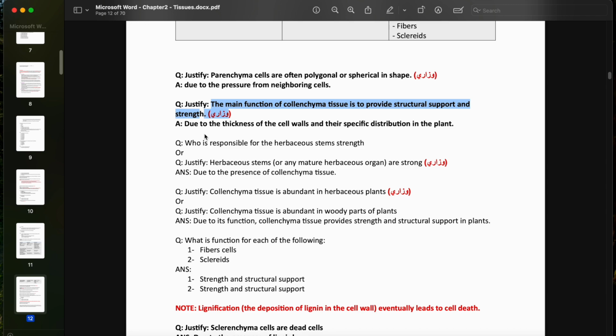Due to the thickness of the cell walls. That's the official answer that we got. It's due to the thickness of the cell walls and their specific distribution in the plant. This is what makes it able to give this specific function, which is the strength and support.